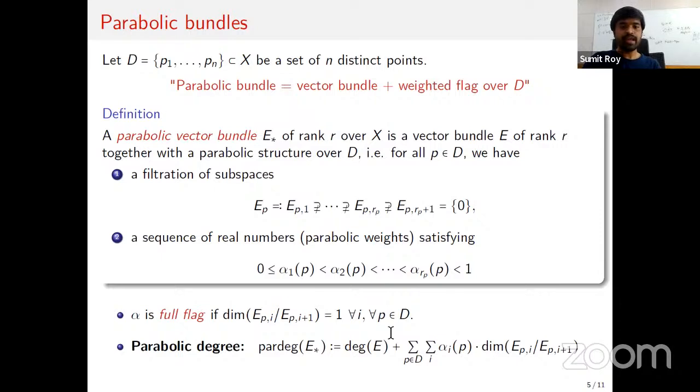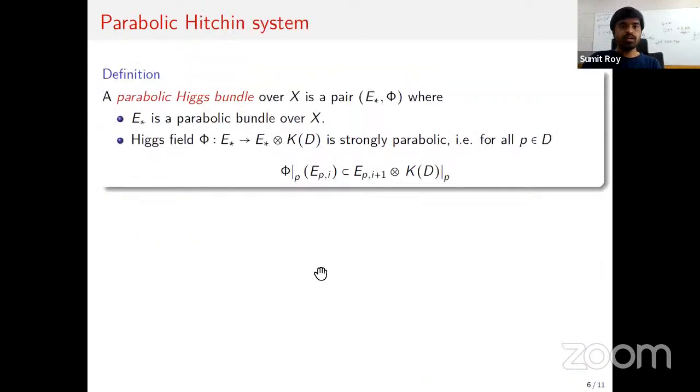Okay. And also there is the notion of parabolic degree. So parabolic degree is the degree of the underlying bundle plus some additional part. Okay, similarly, we have the definition: a parabolic Higgs bundle is a parabolic bundle together with the Higgs field from E to E tensor K_D. So K_D means K tensor O_D. Okay. So the extra condition is that the Higgs field is strongly parabolic. What does it mean?